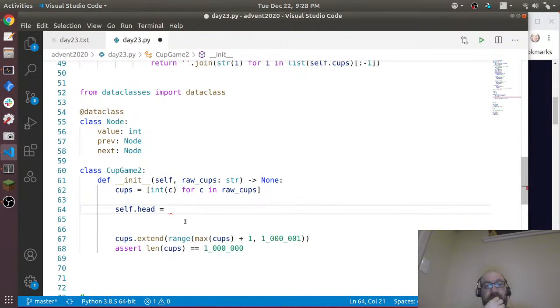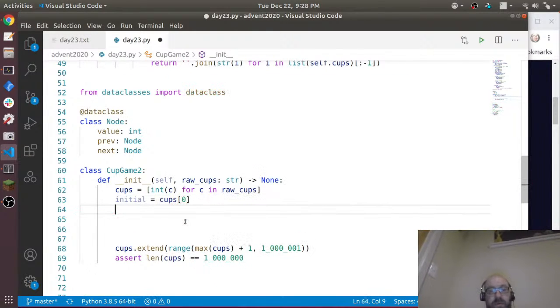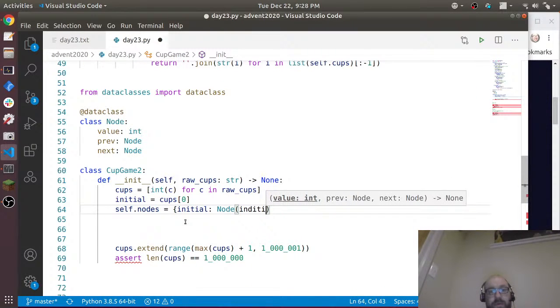Self.head equals, actually no. What I want to do is say initial equals cups 0 and self.nodes initial goes to Node initial None None.